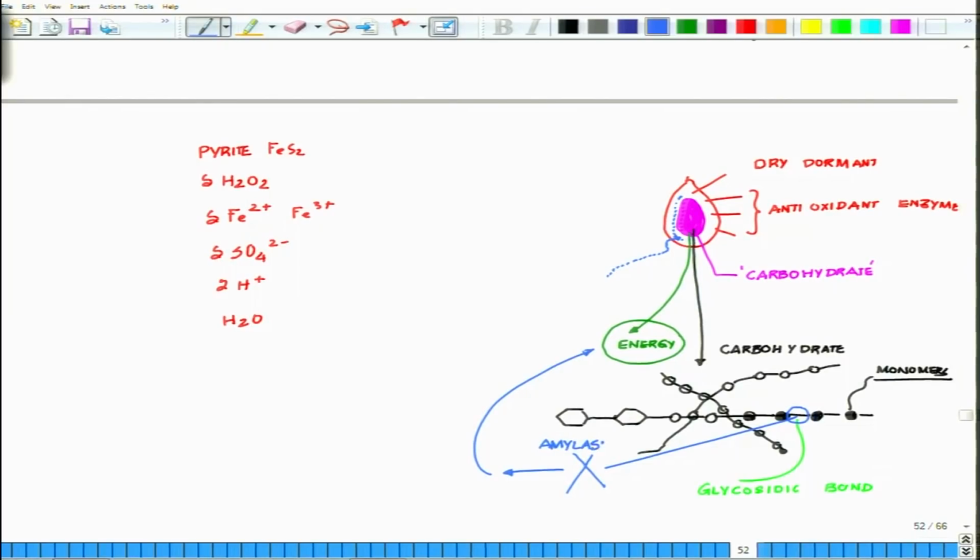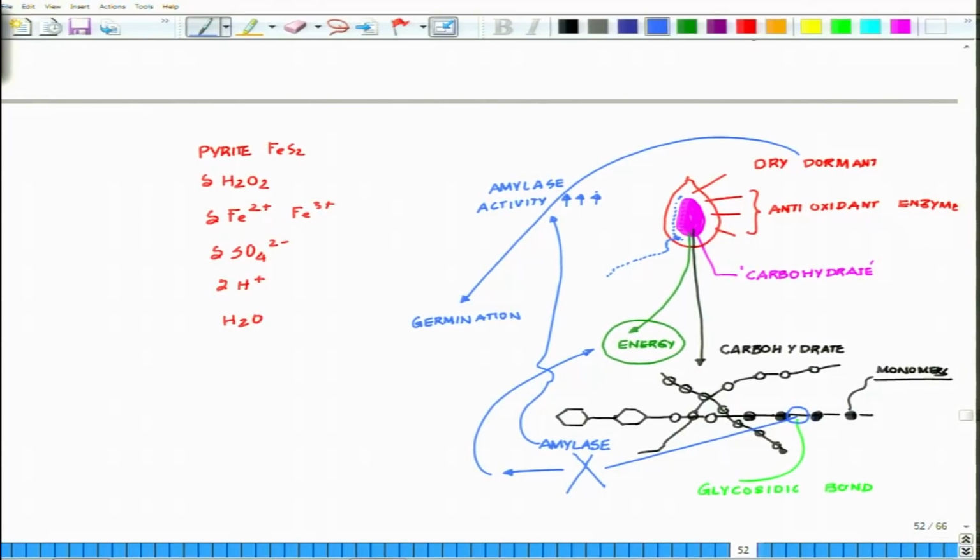So, amylase activity: when the seed comes out of dormancy and is heading towards germination, what we observed is that amylase activity goes up significantly.